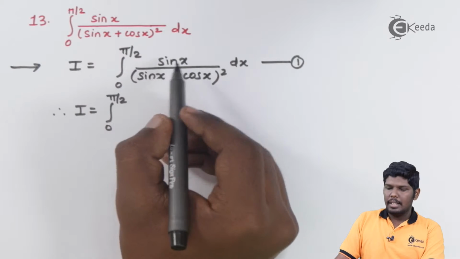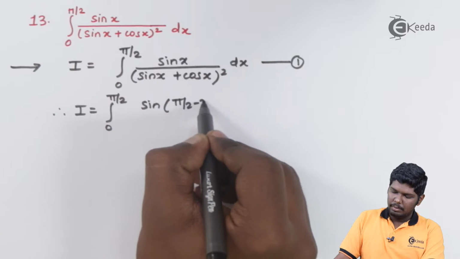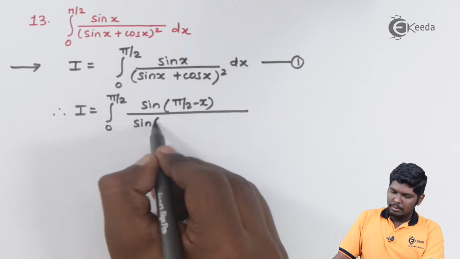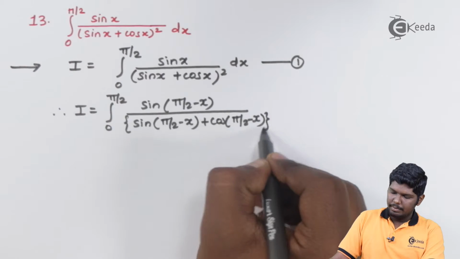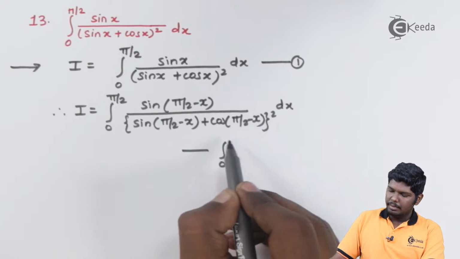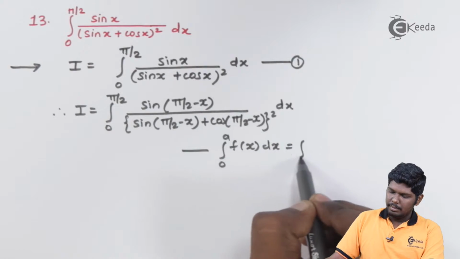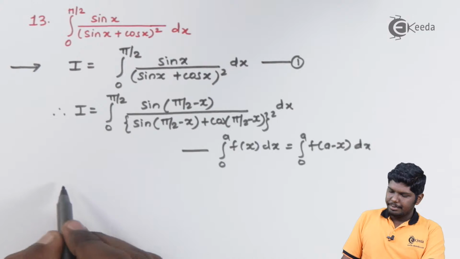We can write x as upper limit pi by 2 minus x. And we can mention the property: integral 0 to a f of x dx can be written as integral 0 to a f of a minus x dx.